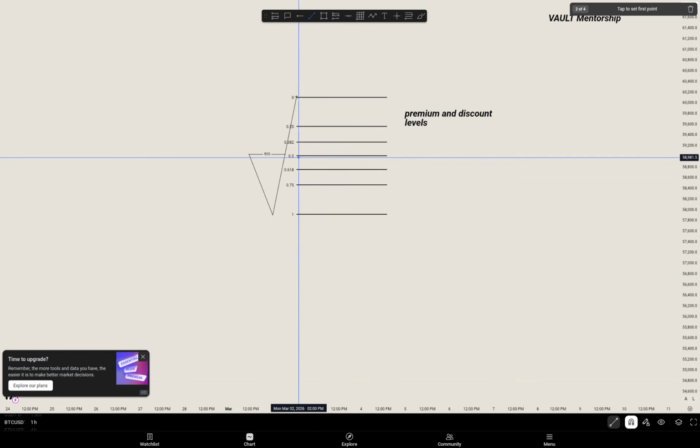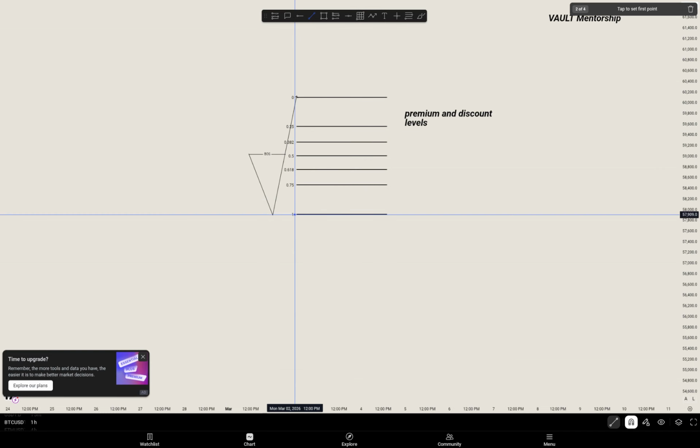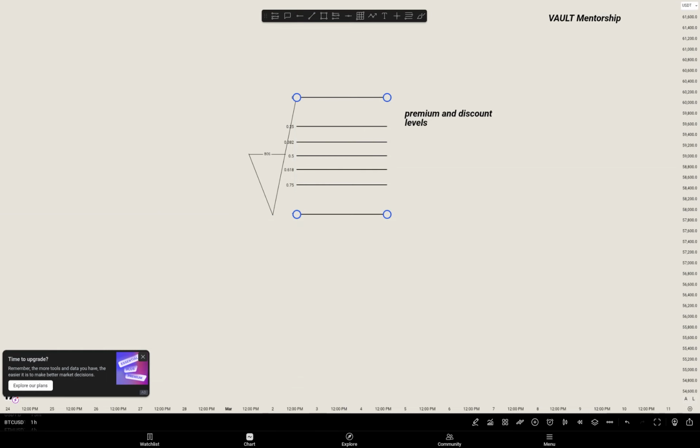Then from 0.5 downwards is where we get our discount levels. In this case, we are dealing with a bullish swing structure, meaning that we'll just be looking for our discount levels. And I said we look for discount levels from 0.5 downwards. That's where you look for your discount level.